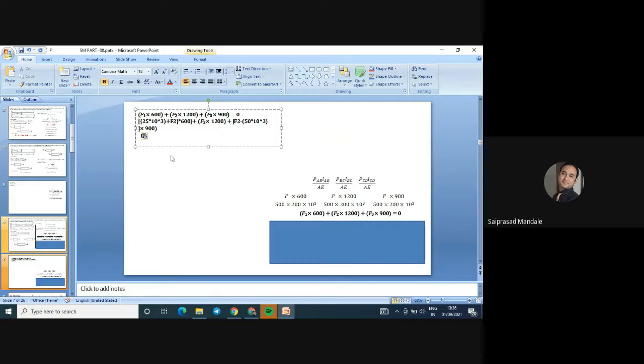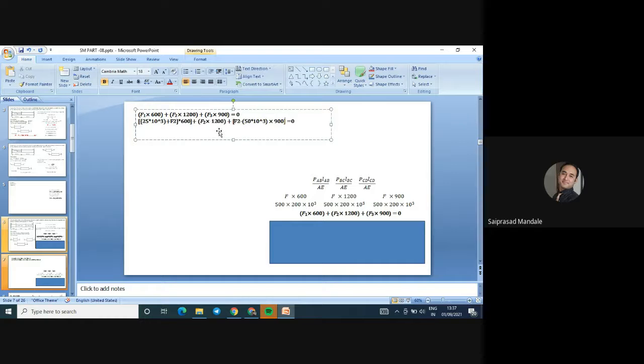Go ahead and find the value of F2, if you understood the equation. Now multiply by 600 to this complete bracket.